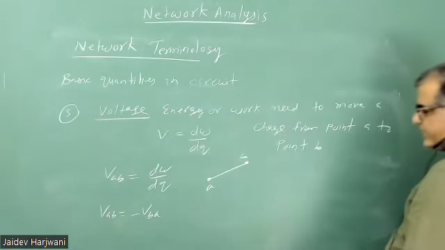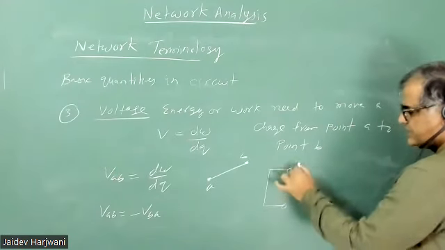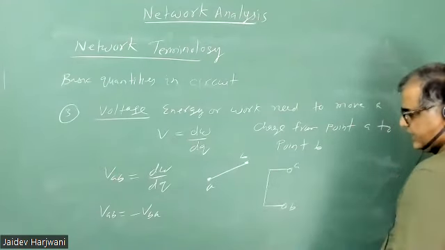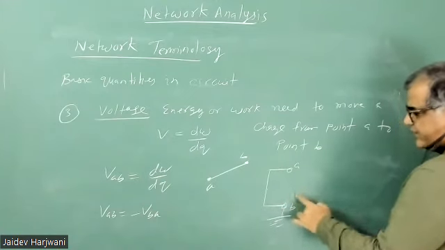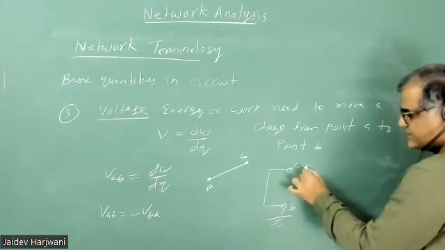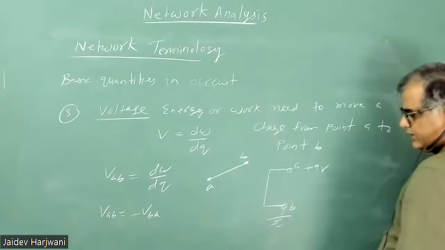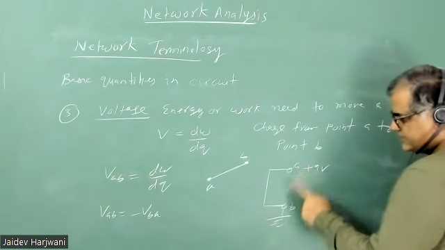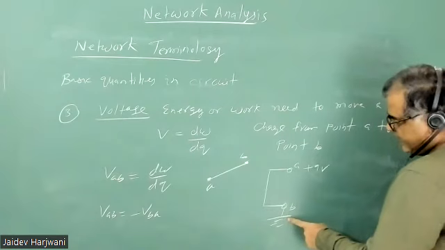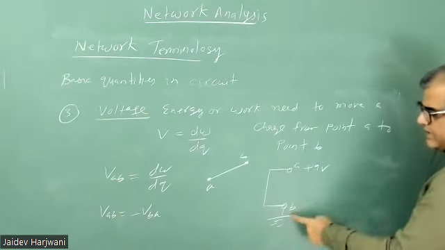Similarly, we know in the circuit that VAB is equal to minus VBA. What does that mean? If in a circuit we have two terminals A and B, and B is ground, and the voltage of A with respect to B is 9 volt, so the voltage of terminal A is 9 volt compared to B, but I can also say the voltage of B with respect to A is minus 9 volt.